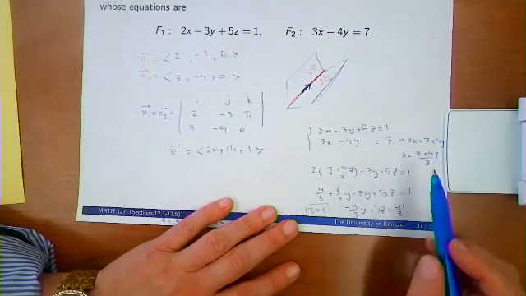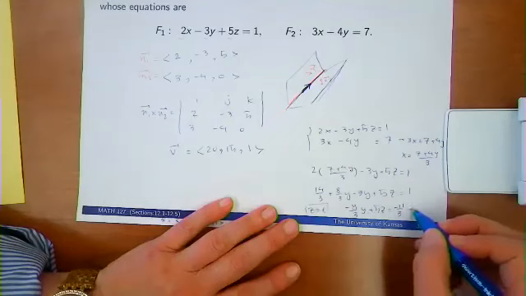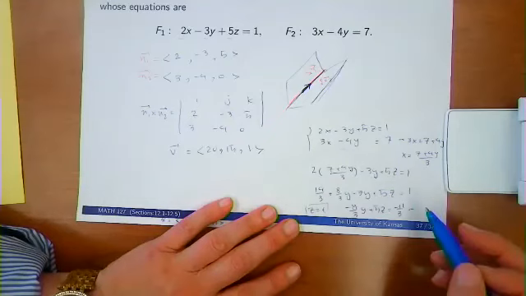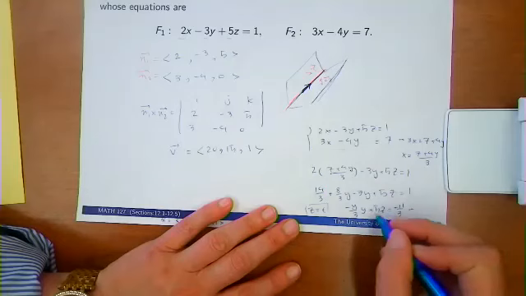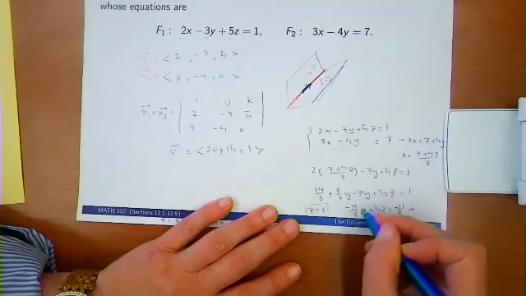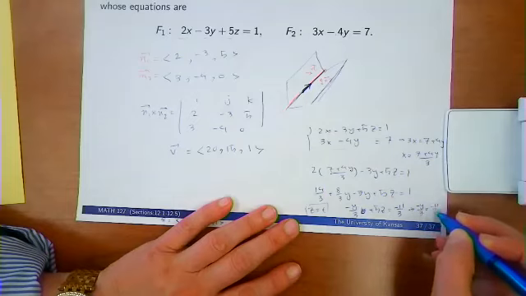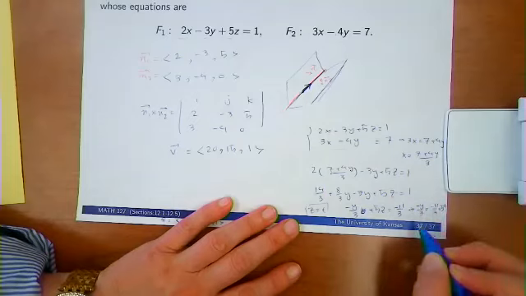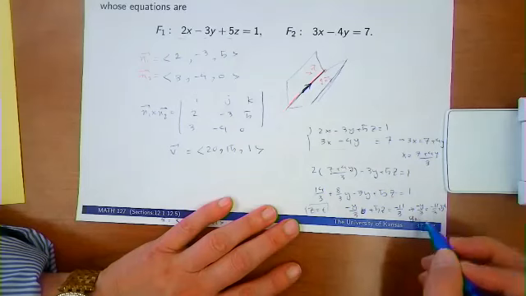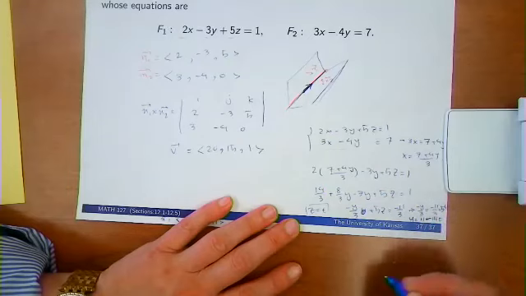And then I can plug all this back and solve for x. First let's plug in the t. So I get minus y/3 is equal to minus 11/3 plus 5t, or y is equal to 11 minus 15t.